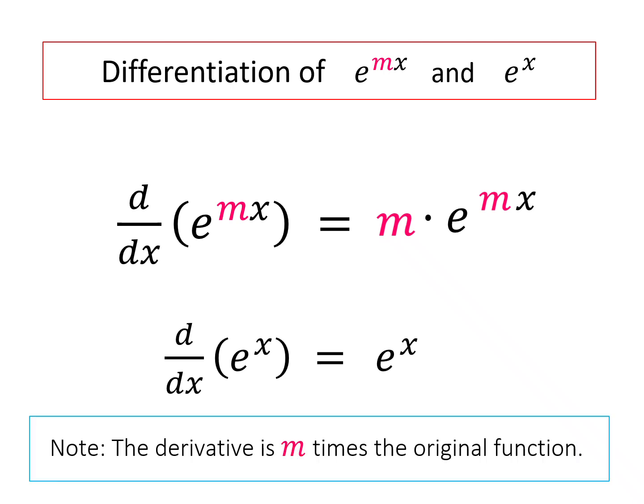Note that the derivative is m times the original function if m is present in the expression as shown here. Otherwise it will be simply e to the power x.